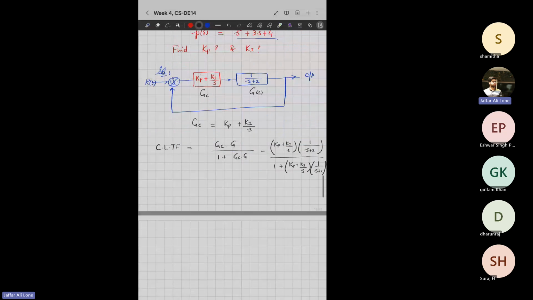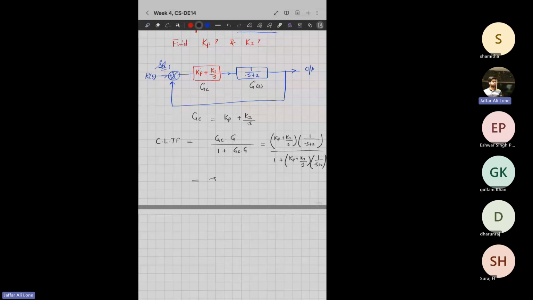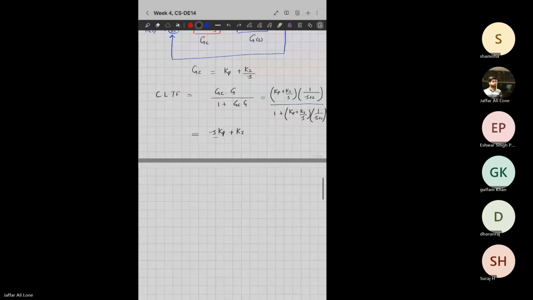If you simplify it, just go step by step. What you will get is something like this: (S Kp plus Ki) divided by (S square plus (Kp plus 2) S plus Ki).